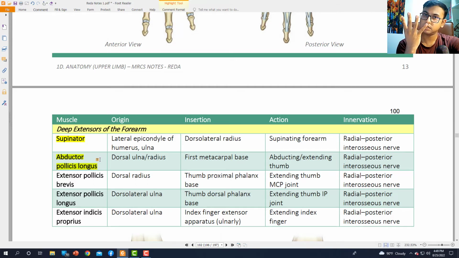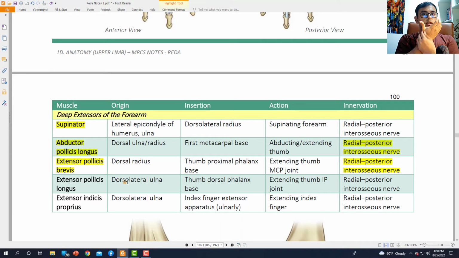So abductor pollicis longus is supplied by the radial nerve, the posterior interosseous nerve. Then extensor pollicis brevis, which is also supplied by the radial posterior interosseous nerve.